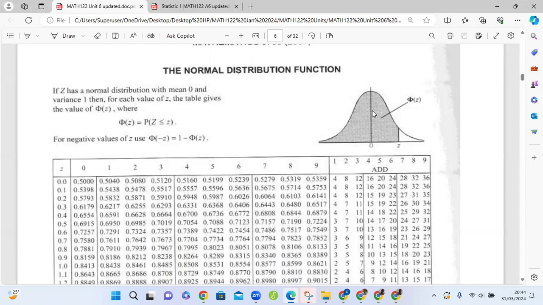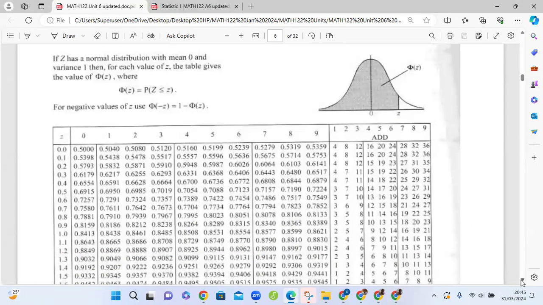All the probability values inside this curve are greater than 0.5. That's how this table is structured. Other tables are calibrated differently. Some tables give the right tail, some give the left tail. Sometimes some even give the in between, or midway between one side of the table. As you can see, all these probability values are greater than 0.5.